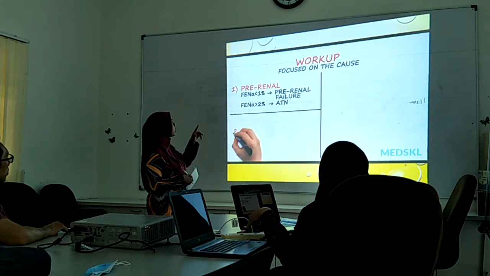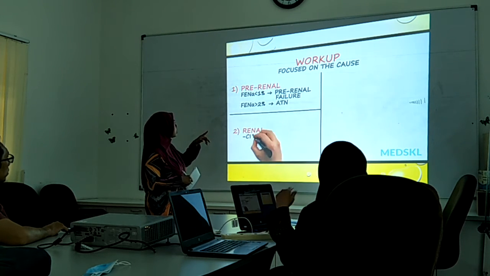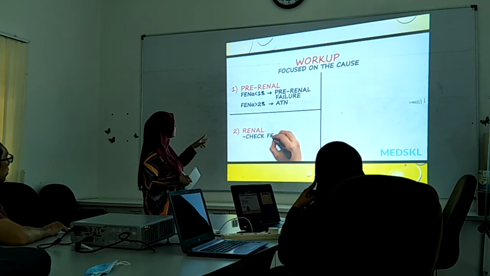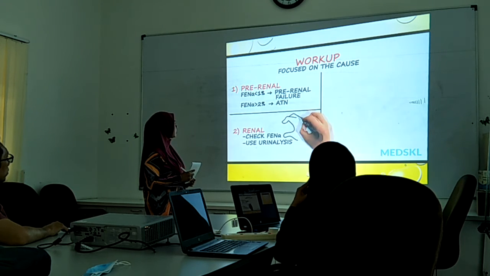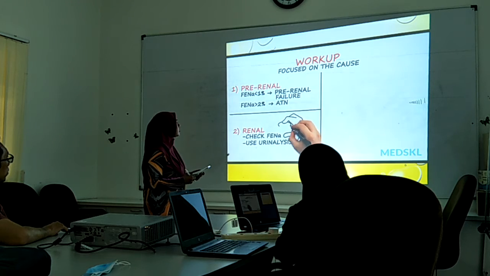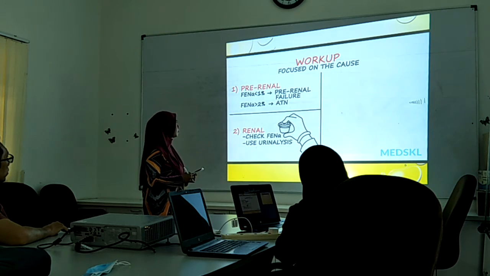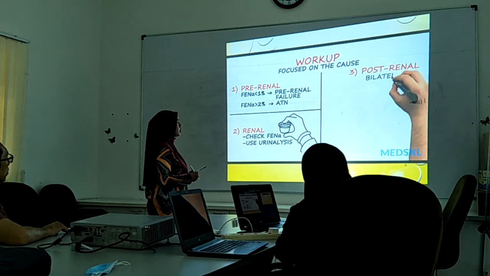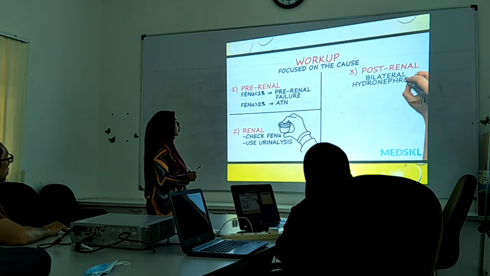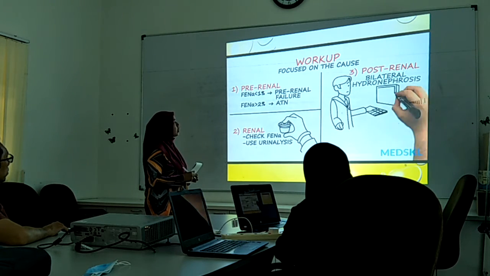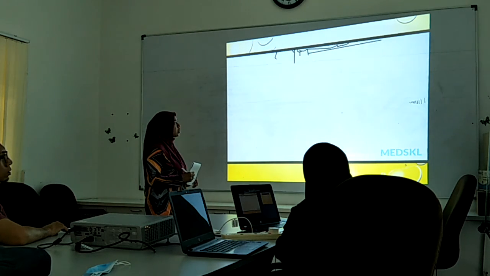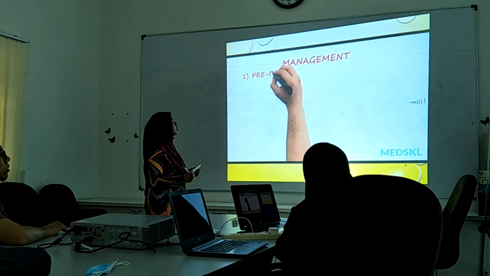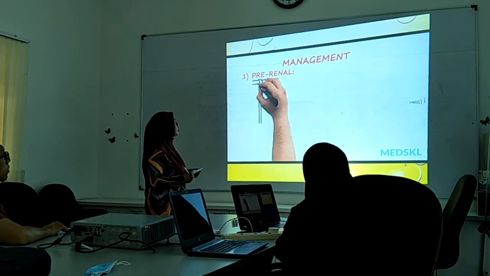Pre-renal can be caused by pre-renal failure, and then for intrarenal we can check from investigations like urine analysis. Use the urinalysis to help diagnose AIN. Three, post-renal: the sign is bilateral hydronephrosis, which can be observed from an ultrasound of the kidneys, ureters and bladder.